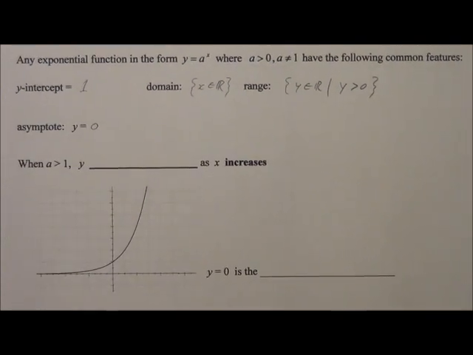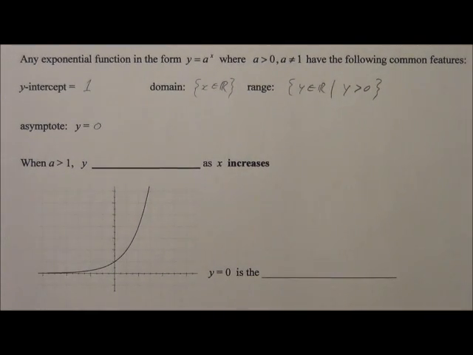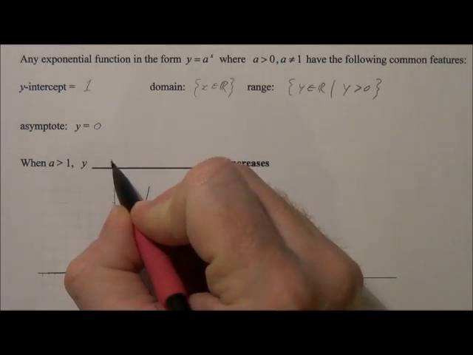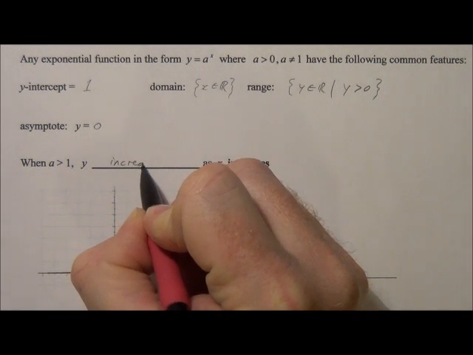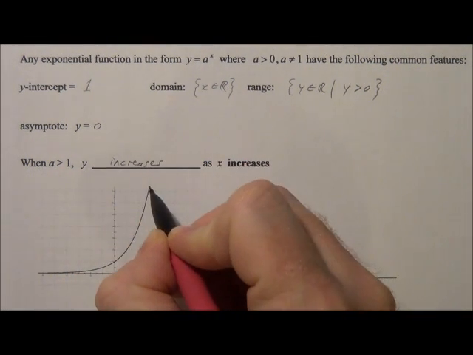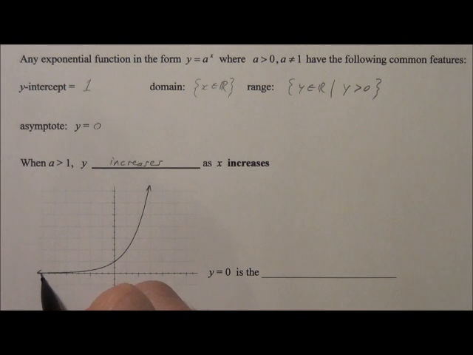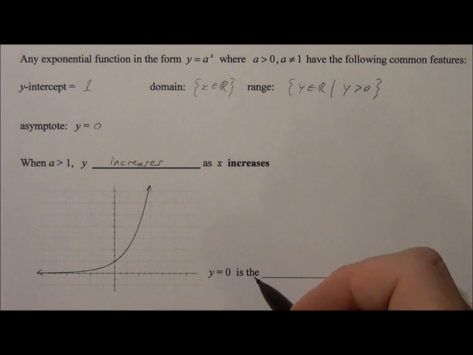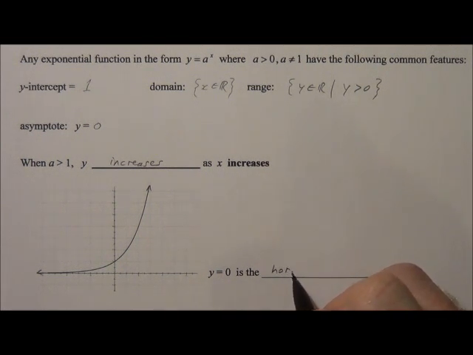So as you can see from this graph, when a is greater than 1, so the base is greater than 1, y increases as x increases. And y equals 0 is the horizontal asymptote.